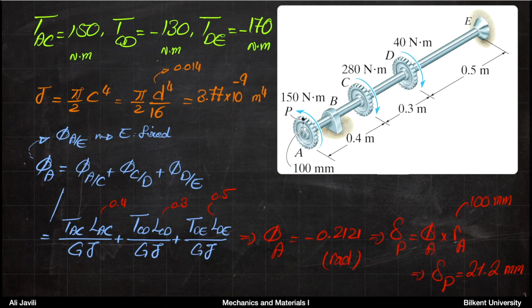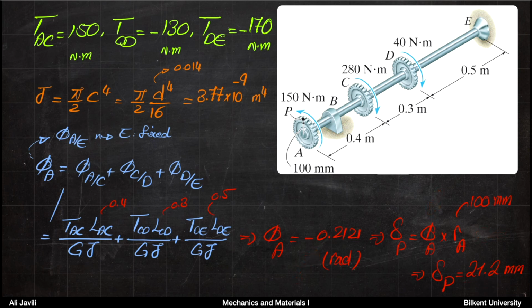But the question asks what is the displacement of point P or tooth P. So the displacement of point P is the angle of twist times radius. So you basically want to know the arc length at the outer edge of the gear. So you multiply the angle of twist that you calculated here times radius.